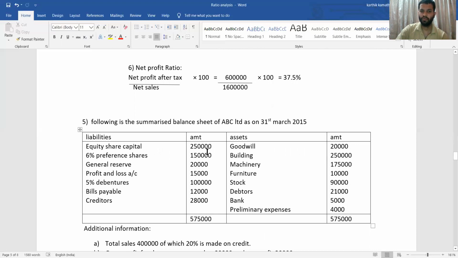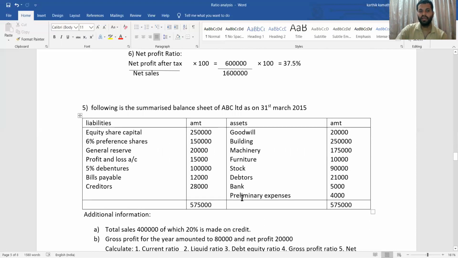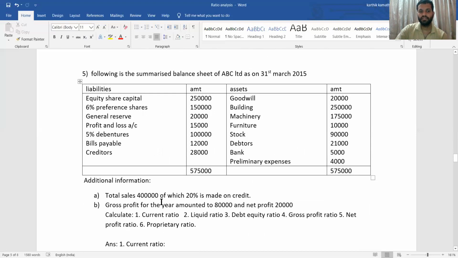And on the asset side, goodwill, building, machinery, furniture, stock, debtors, bank, preliminary expenses are also given. Additional information: total sales 4 lakh, of which 20% is made on credit. So sales of 4 lakh, out of which 20% is on credit. Gross profit for the year amounted to 80,000 and net profit is 20,000, directly mentioned in the problem.